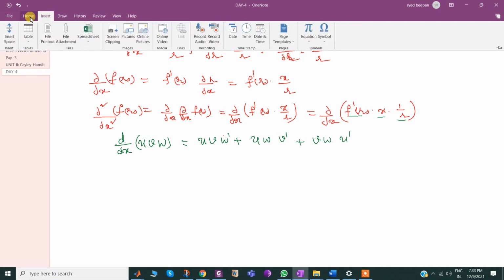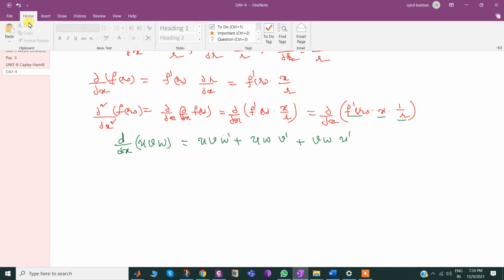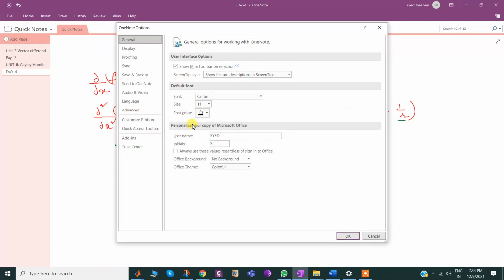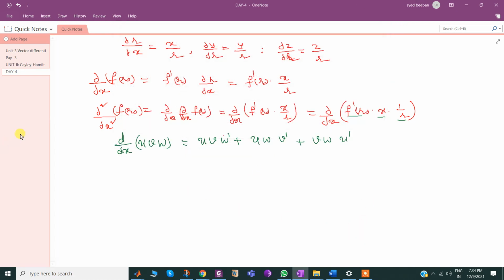Insert space. Any toolbar selection. Office background. Office colorful. Okay. Instead of wasting time, let me try this. Okay.